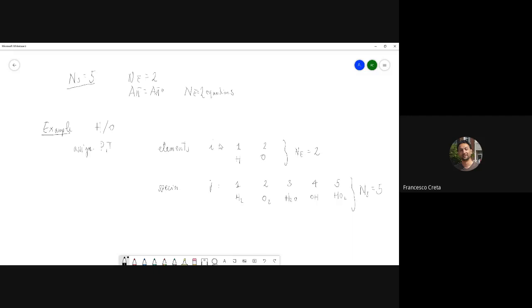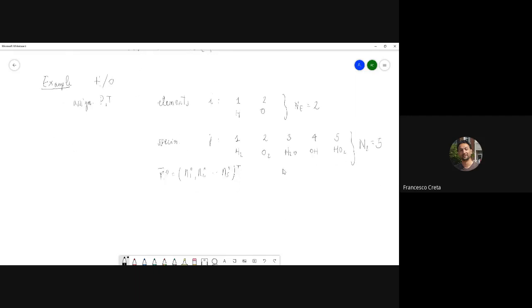Okay, and then of course I will give you the initial composition, which is your vector n1, n2, etc., n5, 0. It's actually transposed because it's a column vector. So what's now the unknown of the problem? Clearly the vector n of equilibrium.